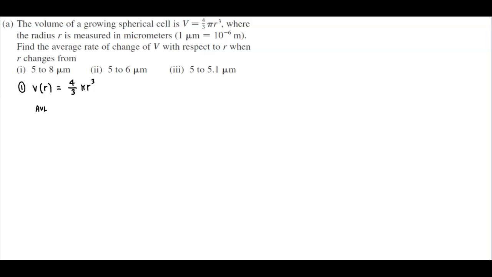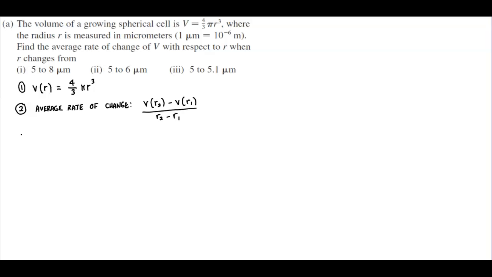Recall that the average rate of change is going to be V of R2 minus V of R1 divided by the radius R2 minus R1.